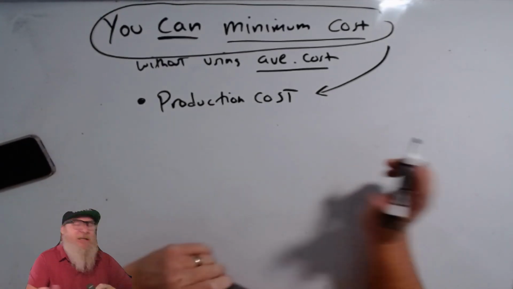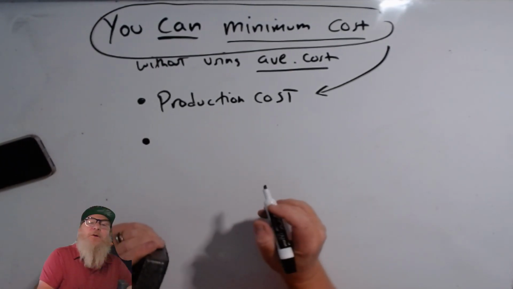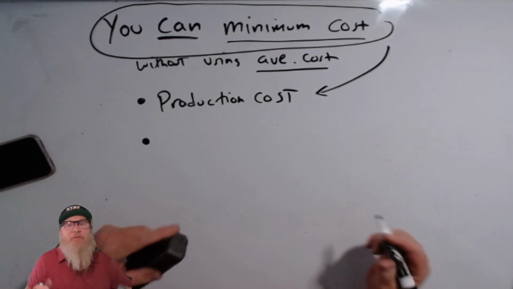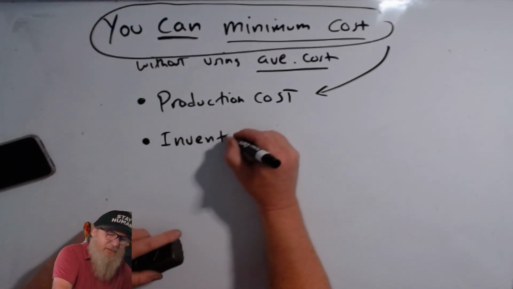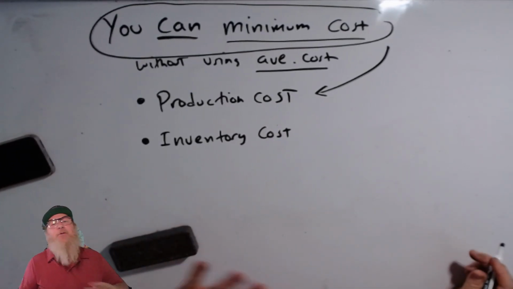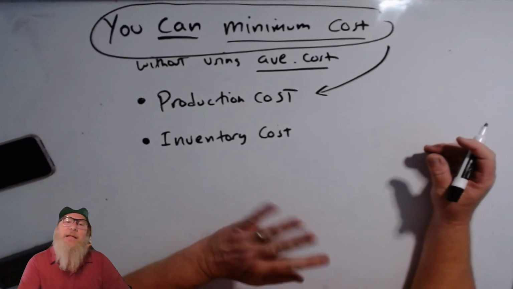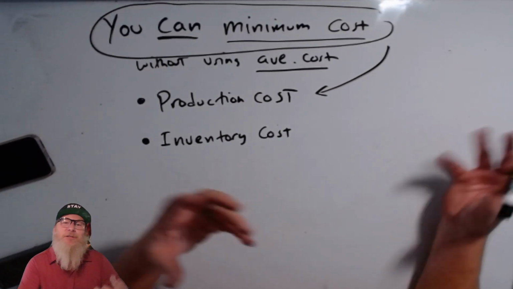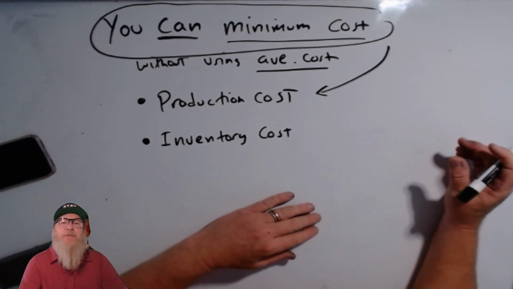And I'm only going to do 2 different things. These are the 2 most common ones. They're, in fact, the only 2 that I could find. Inventory cost. Although there is a 3rd one I found, labor cost, the cost of human labor. But that's a more complicated problem. It actually requires more calculus than we know at this point.